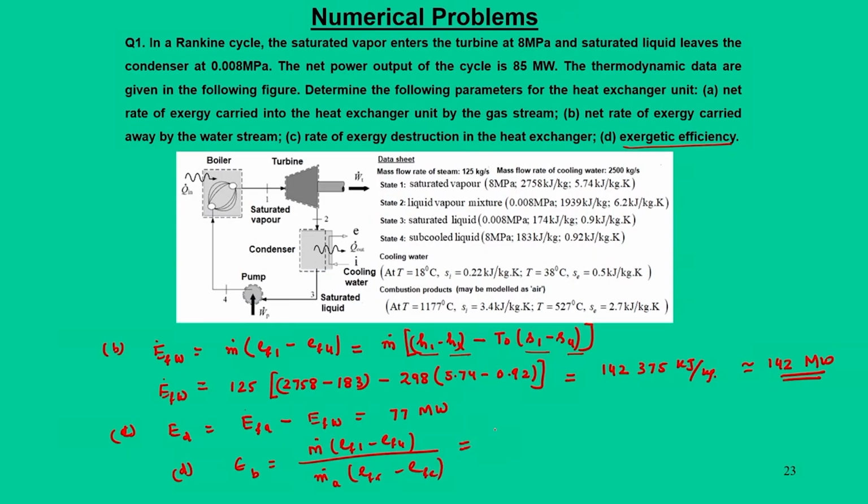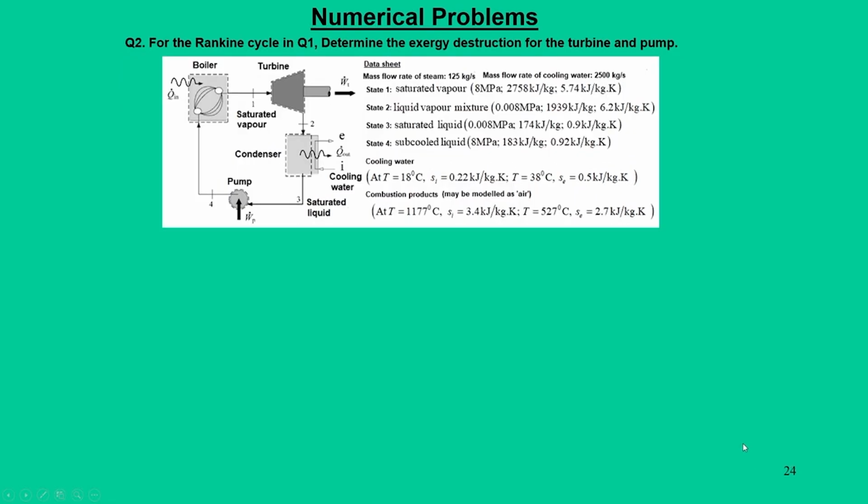So, this number is the ratio of 142 divided by 219. So, the exergetic efficiency for the boiler is 0.64, approximately 64%. That means the boiler has used 64% of the exergy. Then we will move on to turbines and pumps.